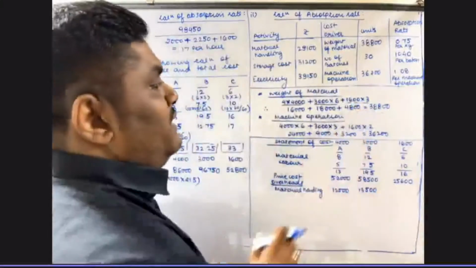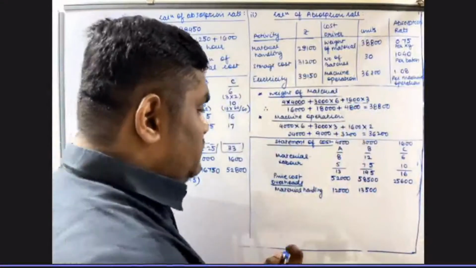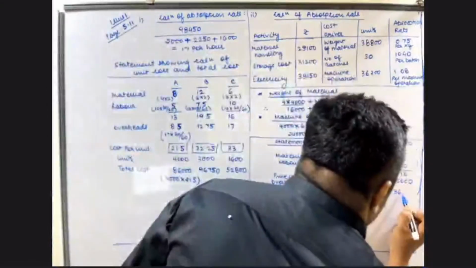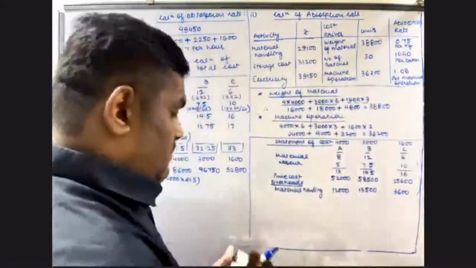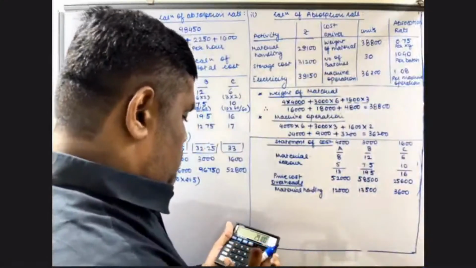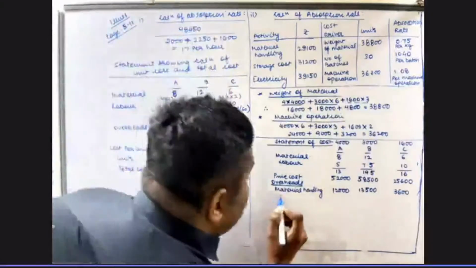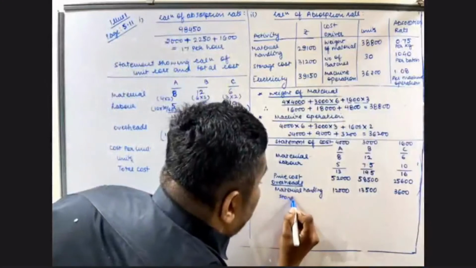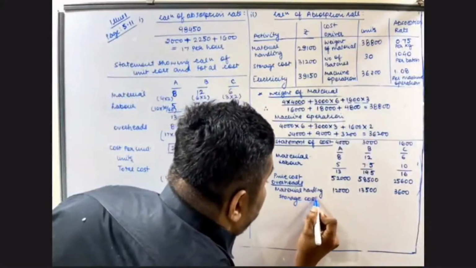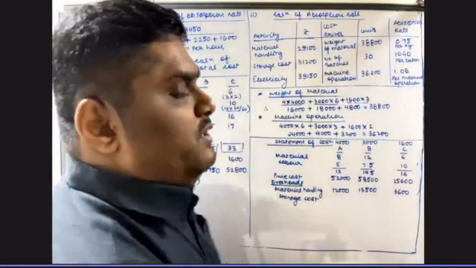And 4,800 into 0.75 will be 3,600. Now, when talking about the next cost, that is storage cost. Again, 1,040 per batch.